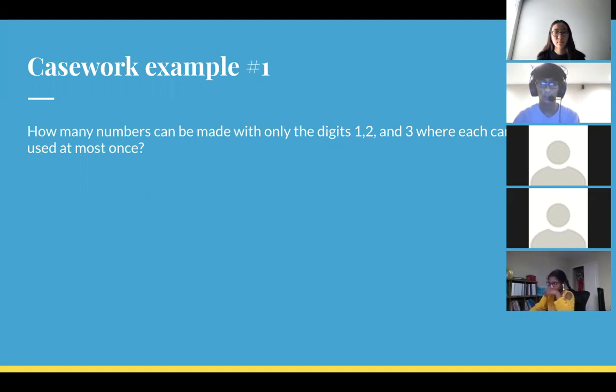It can be 2 digits, it can be 1 digit. So remember, casework is splitting up a complex problem into simpler cases, solving for the simpler cases, and then adding it up at the end for your answer.